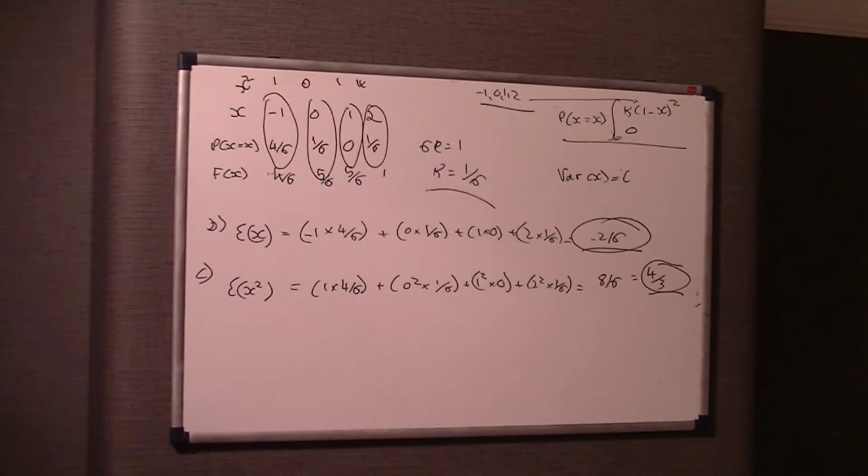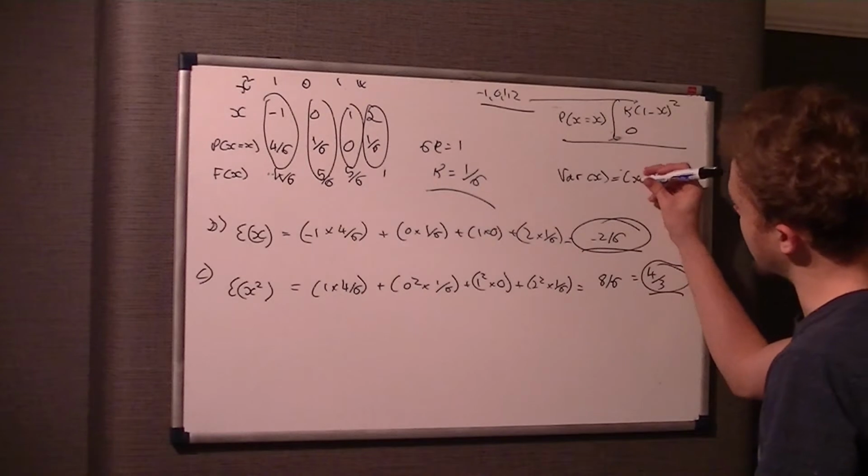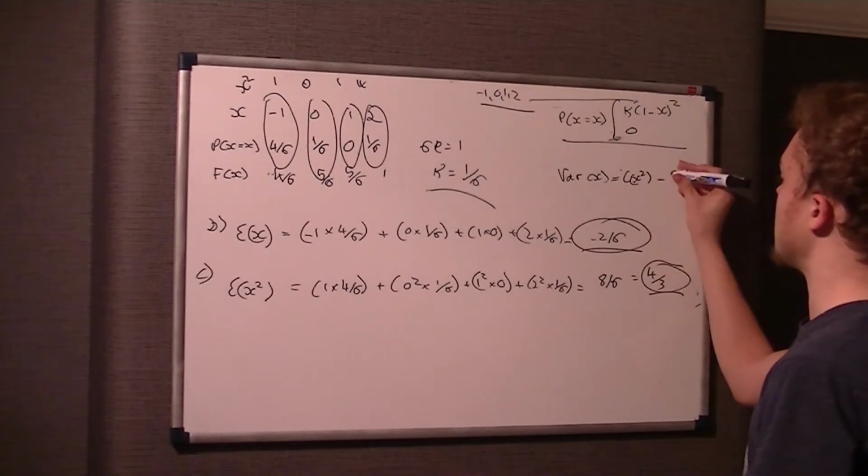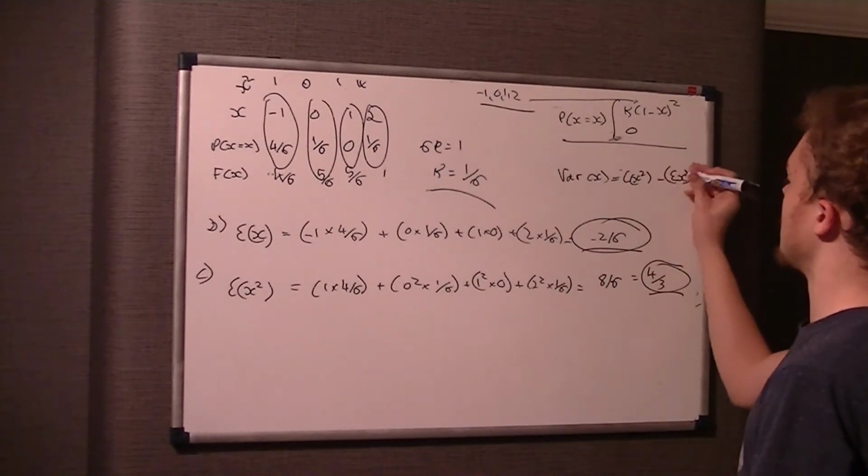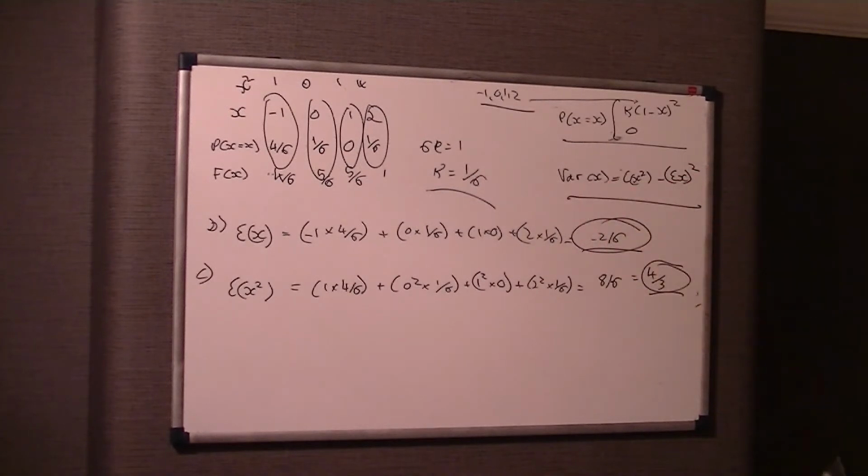The variance of x, sorry, is E of x squared, take E of x, the expected value, all squared. And obviously, you get that in the formula book, but I was just being awkward.